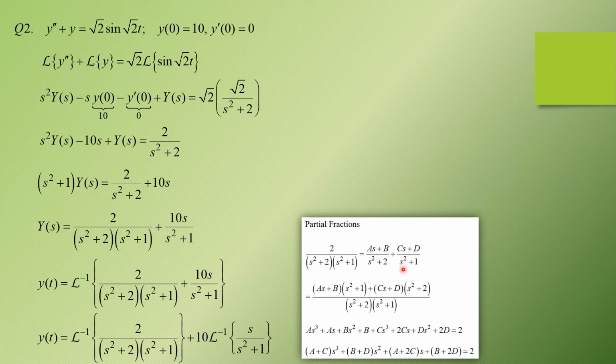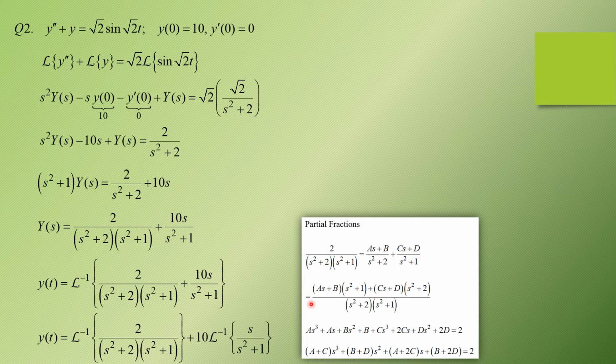Since for the first partial fraction the denominator is of degree 2, the numerator must be of degree 1, so we write a linear factor as plus b. Similarly, for the second term, the denominator is of degree 2, therefore the numerator must be a linear factor in the form cs plus d. So there are four unknowns, a, b, c, d, and we need to find the values of those unknowns.